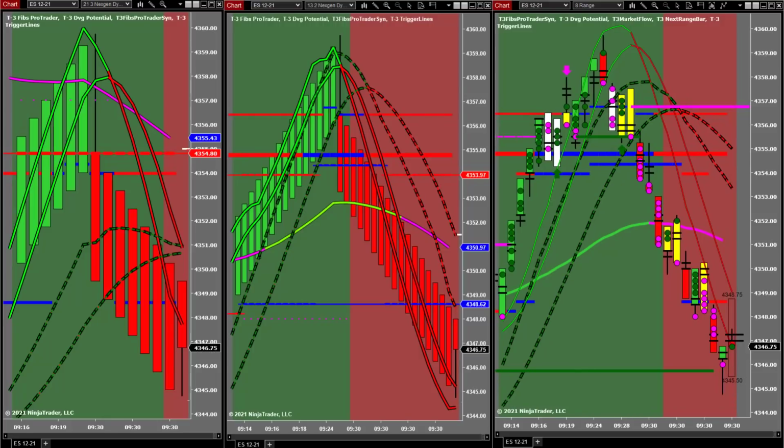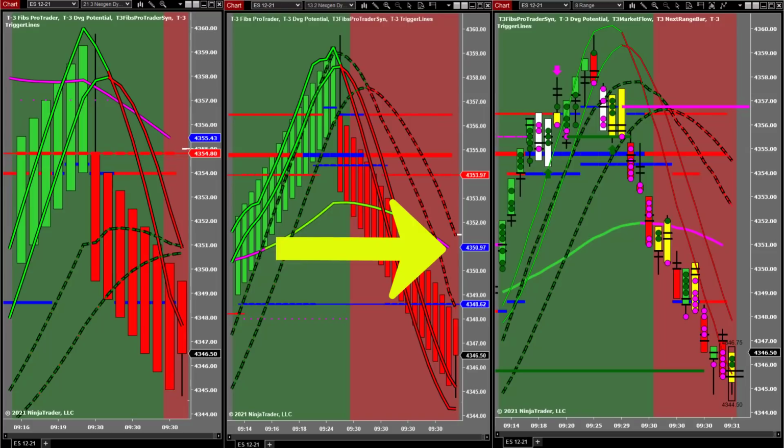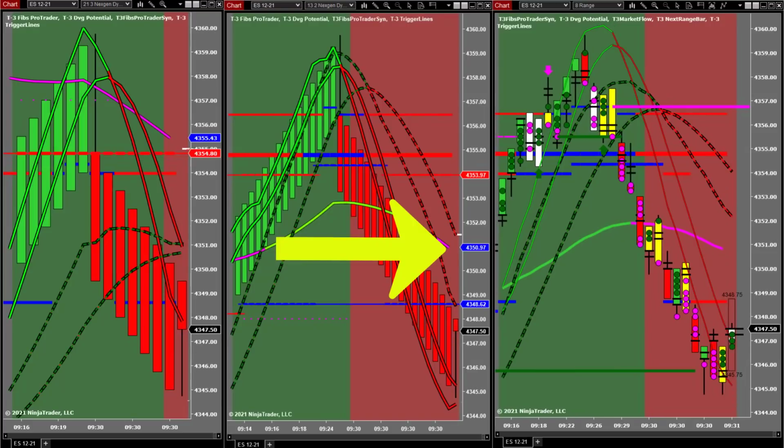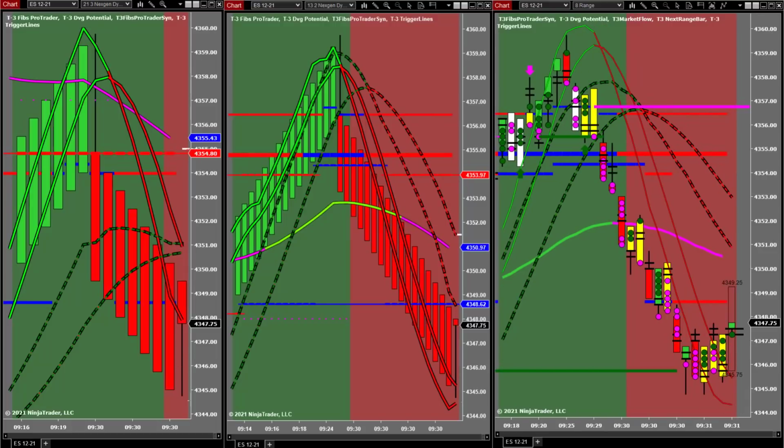We still need to pull back maybe to 51, 43.51. It may be lower if the triggers come down. And again, you just have to wait for everything to come back together. And it will.